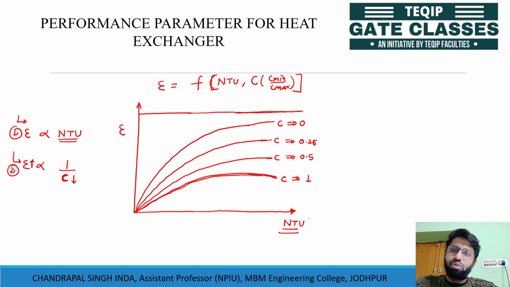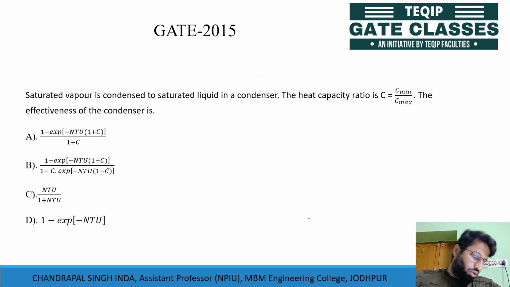So let's do a few numericals based on the concepts that we have studied till now. Question number 2 for today says that saturated vapor is condensed to saturated liquid in the condenser.